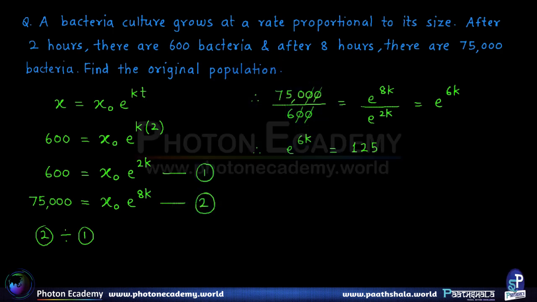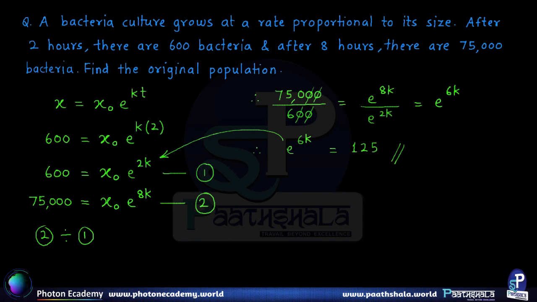Now see, it's not really required to calculate the value of k, because it's not the k that we are looking for. So let's keep this particular expression as it is, we will use it. Now let us substitute this information in one of the two equations that we know. Now here we know that x0 into e raised to 2k is equal to 600.